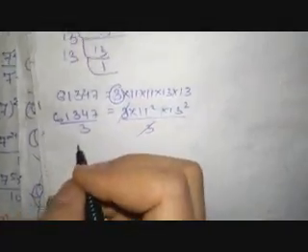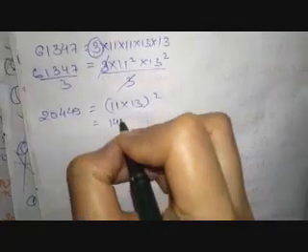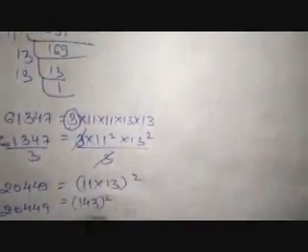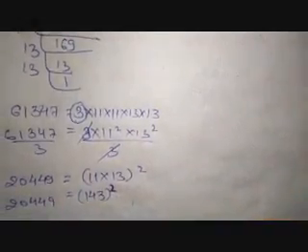These two will be cut, and I'll get 20449, and here I will get 13 square. Multiplying 13 with 11, I'll get 143 square. 20449. So the smallest number by which it should be divided in order to make the perfect square is 3, whereas the square root of it will become the perfect square of number 143. Here is the answer.